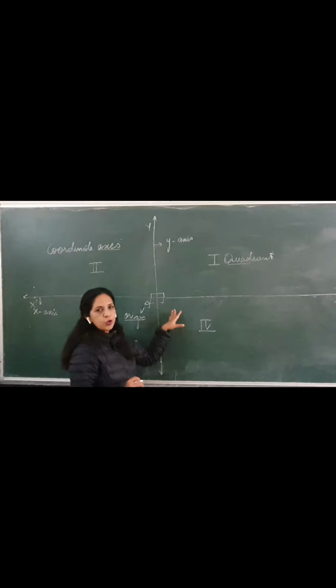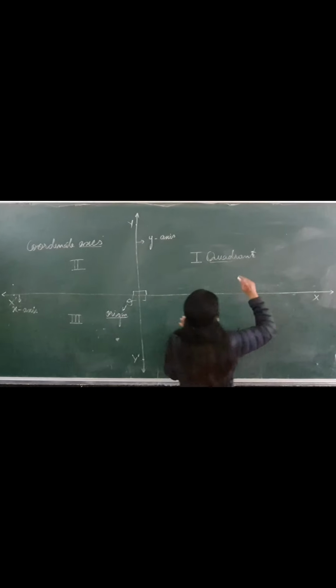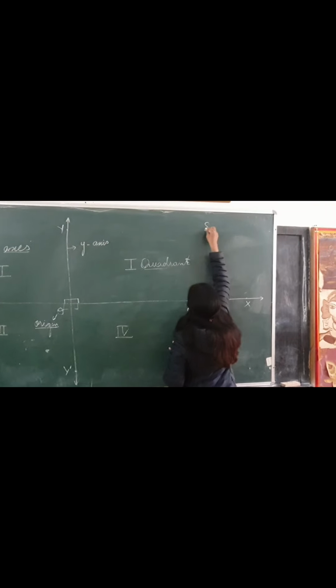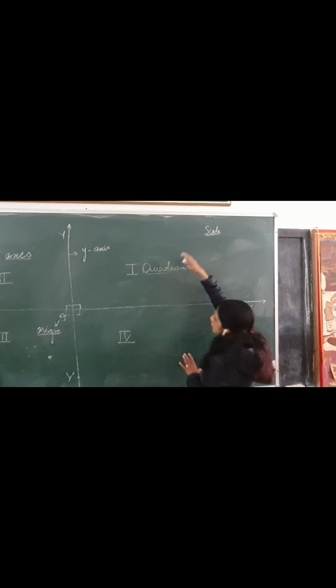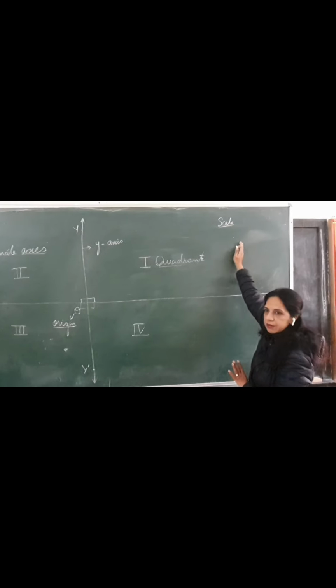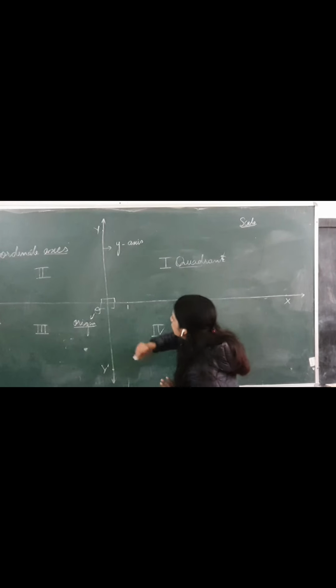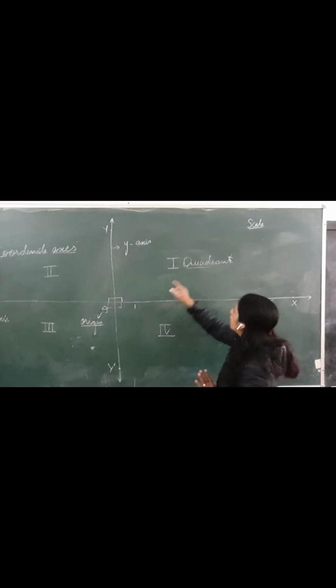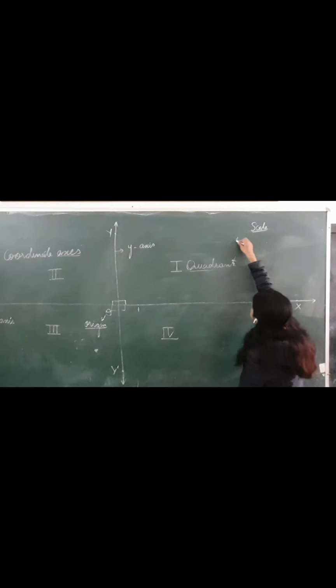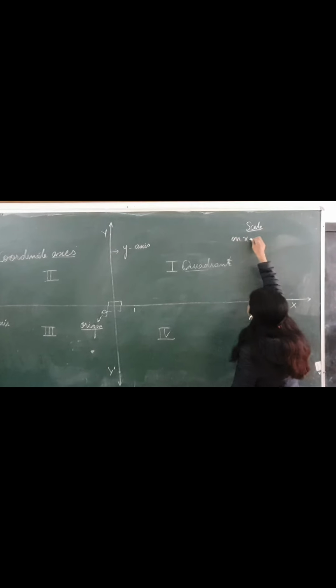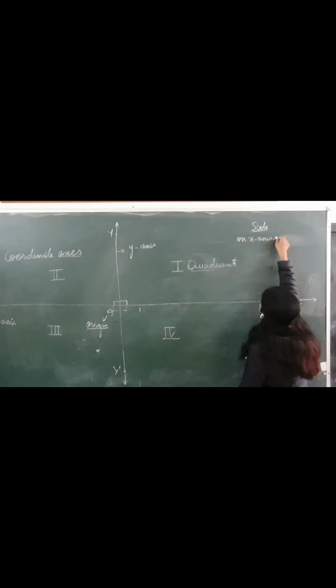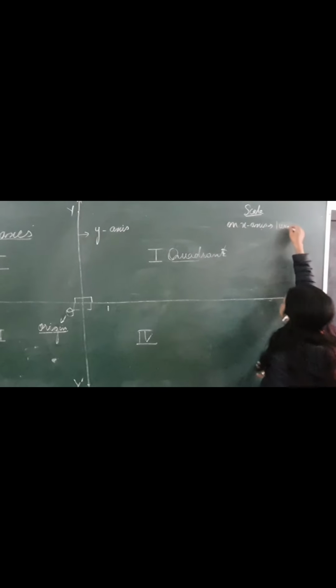The division which you are going to take up, you mention in the scale, and the scale is always written on the top right side of the graph. Suppose I write here 1, so it is 1 unit. On the x-axis, you have to mention 1 unit.